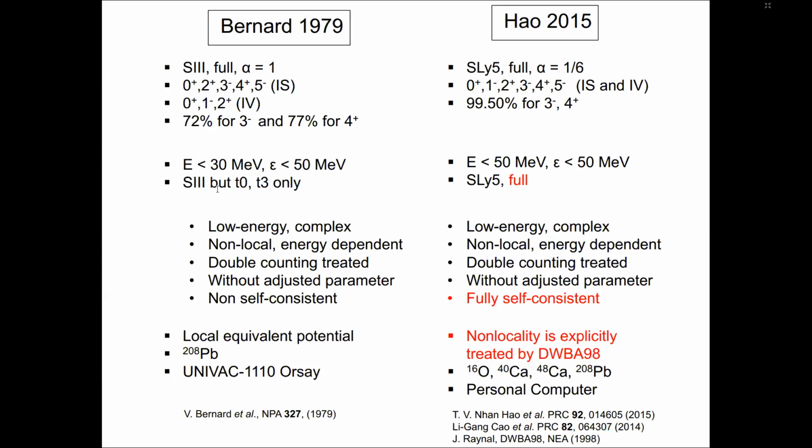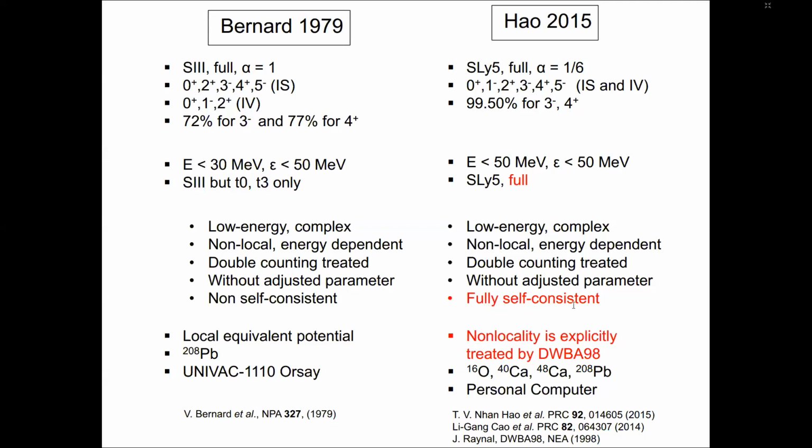And Van Zyl used only the T0 and T3 terms of the Skyrme interaction. But for SLy5, I have all the terms T0, T1, T2, T3, alpha, and Coulomb. And of course, when I compare to their approach, the improvement is that our calculation is fully self-consistent.